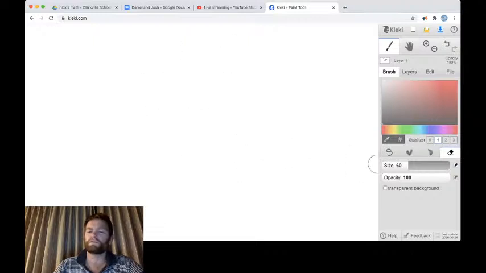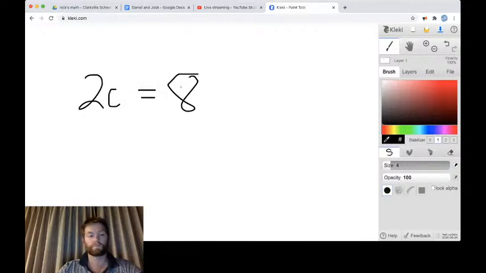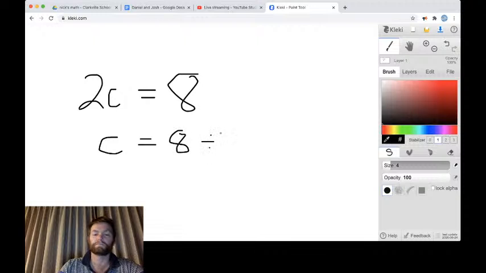So you can use this same philosophy when dealing with algebra. 2c, 2 times c equals 8. C equals 8 divided by 2.